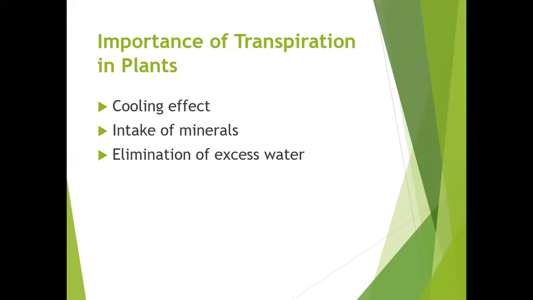Next is intake of minerals. The greater the transpiration, the greater is the rate of absorption of water from the soil. Absorption of water helps in intake of dissolved minerals from the soil. Elimination of excess water.